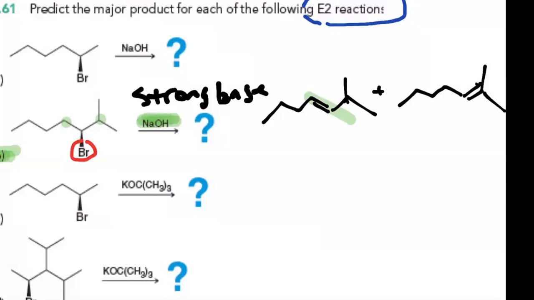And which one of those two is the major product, according to Zaitsev's rule? The one that's more substituted. Which one would that be? The one on the left that's highlighted, or on the right? The right. So this is major, and then this is minor.